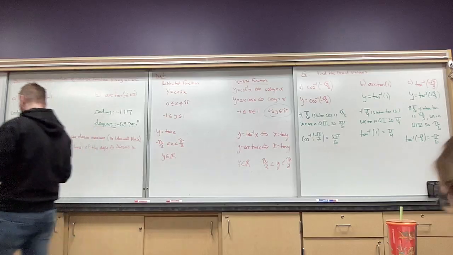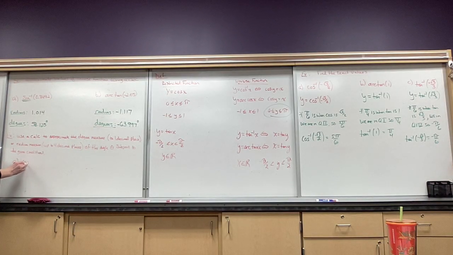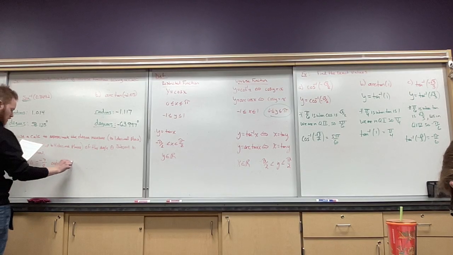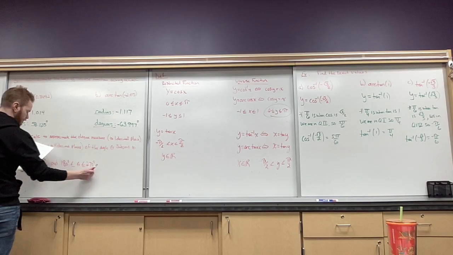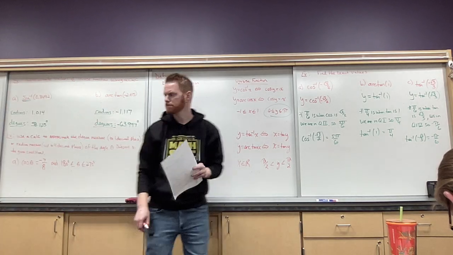And our example we'll use cosine of theta equals -7/8, and theta is going to be between 180 degrees and 270.